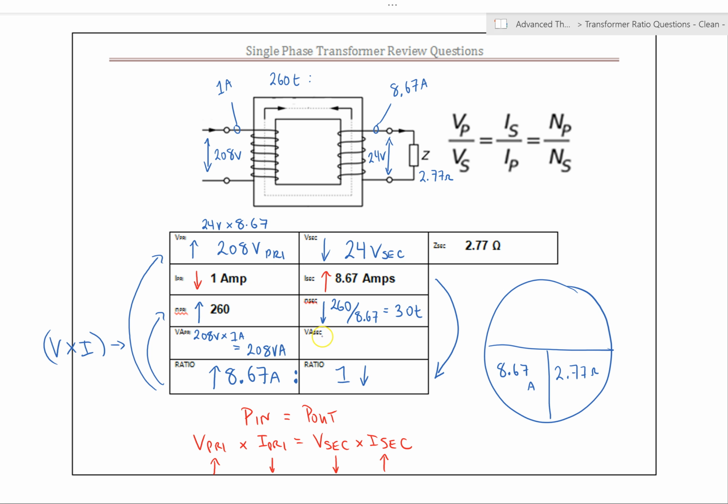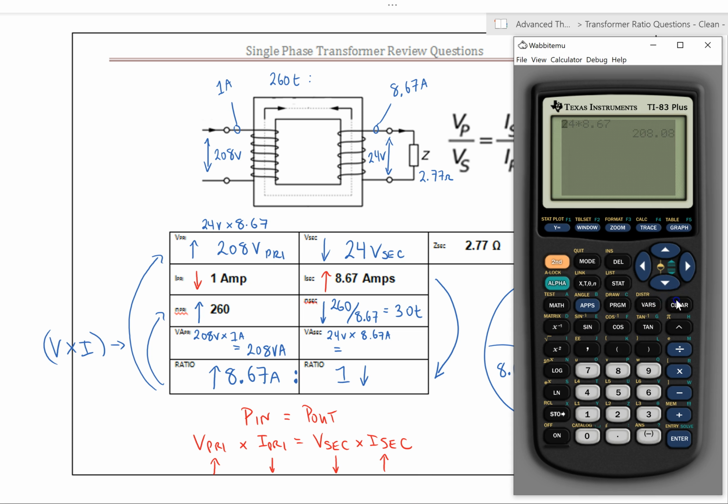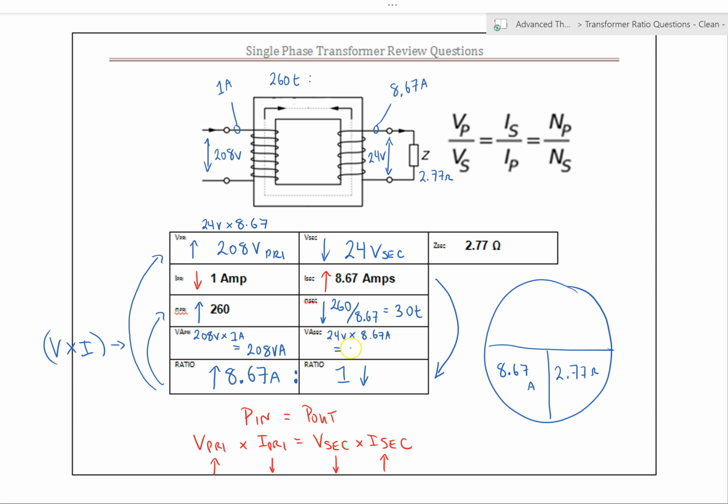This guy for our VA on the secondary is going to be equal to 24 volts times our secondary current of 8.67 amps. So 24 times 8.67. Beautiful. There we go. So we got 208 for our VA.